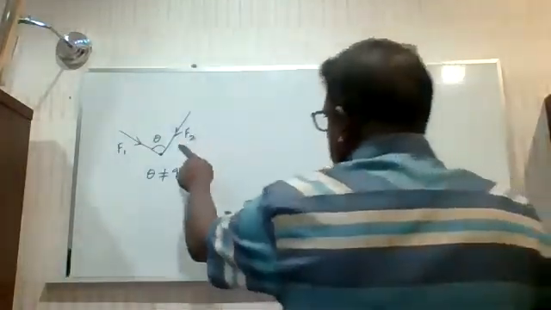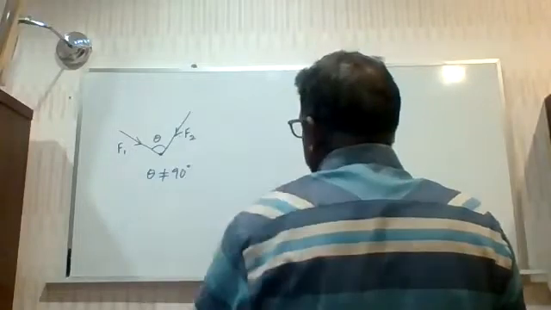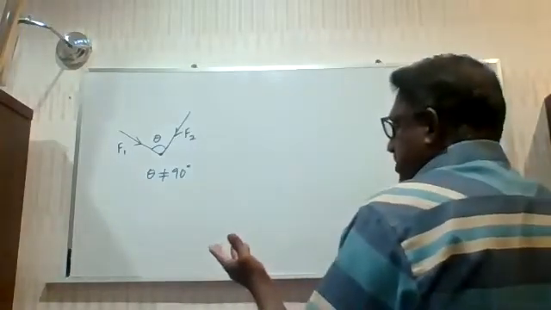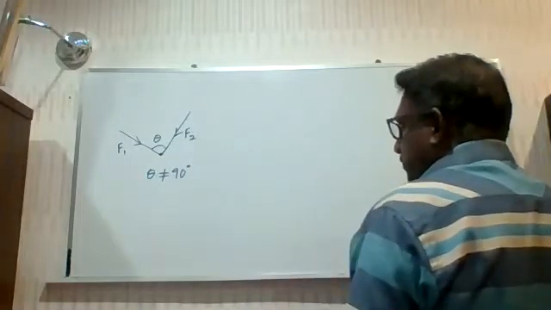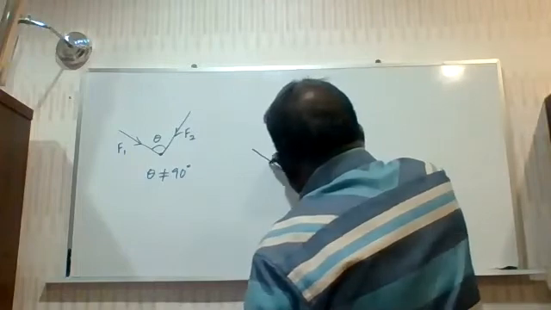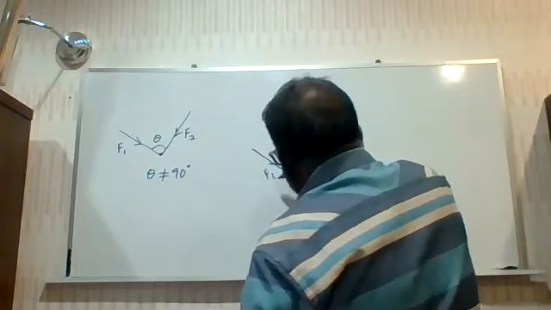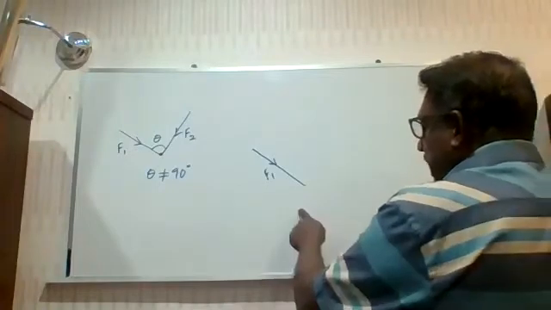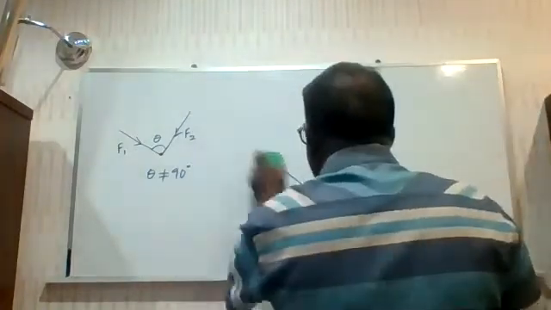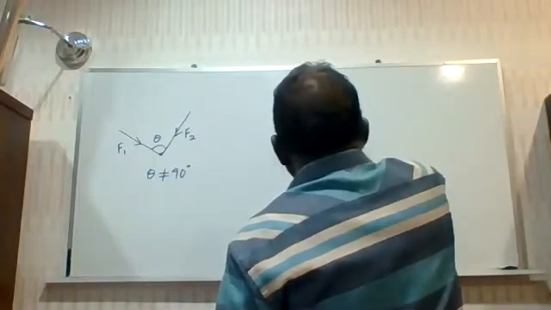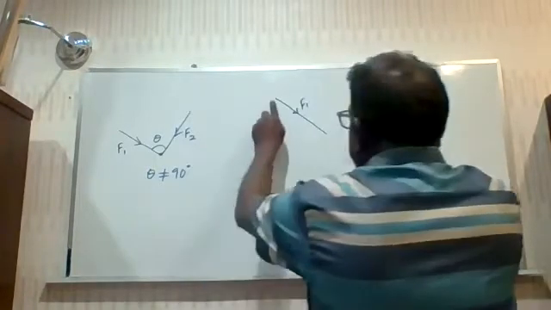First of all, you have to draw a triangle of forces. Remember what I told you: to draw the triangle of forces, you can start with any of the forces. Let's start with F1. So I draw F1, and your initial point is there.